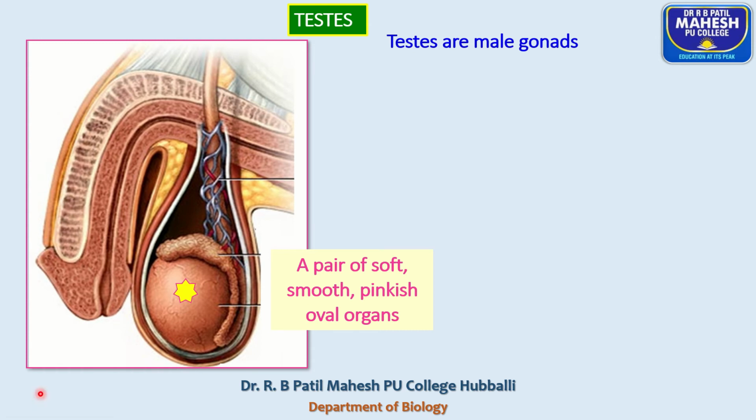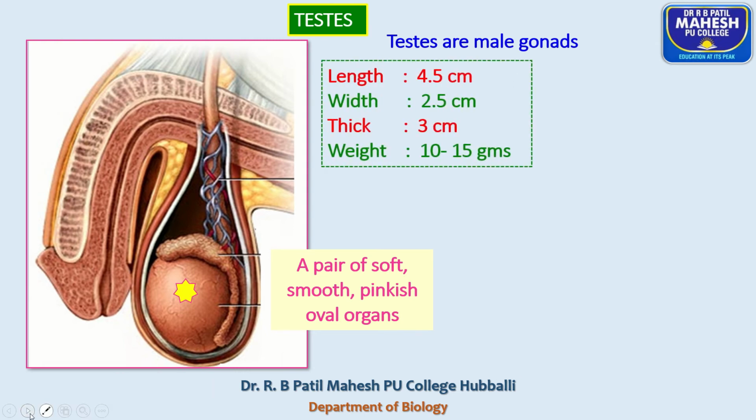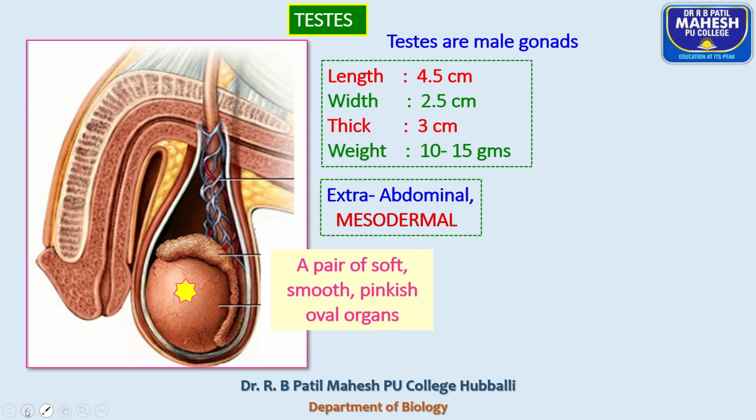Each testis measures about 4.5 centimeters in length, 2.5 centimeters in width, and 3 centimeters in thickness, and weighs about 10 to 15 grams. They are mesodermal in origin and present in the extra-abdominal cavity.